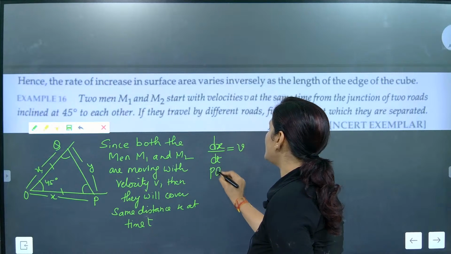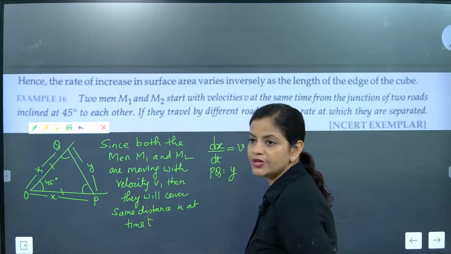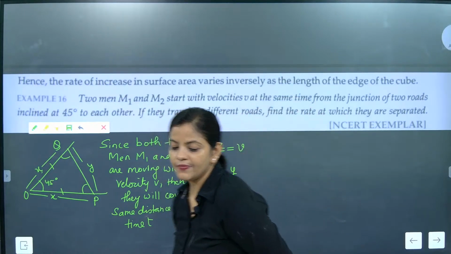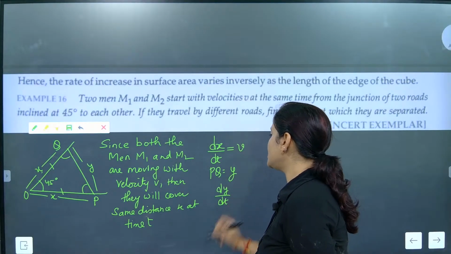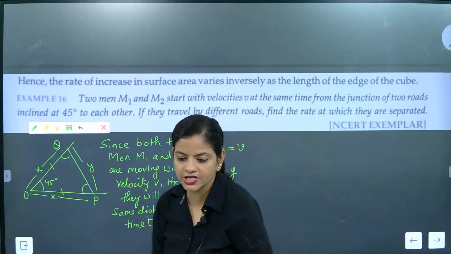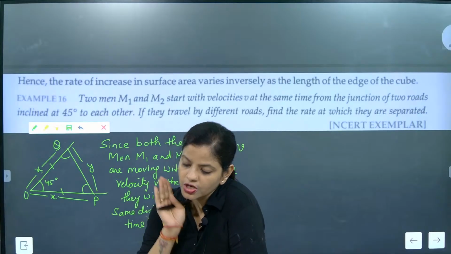PQ we are writing as y. Now we have to find dy by dt, the rate of change of y. So here we use the cosine formula.